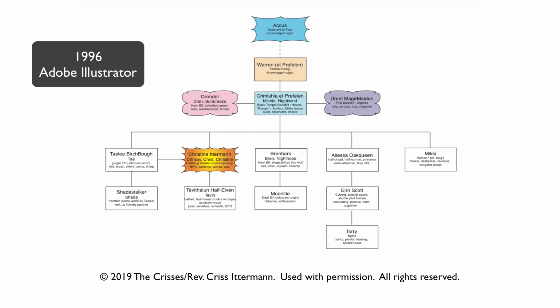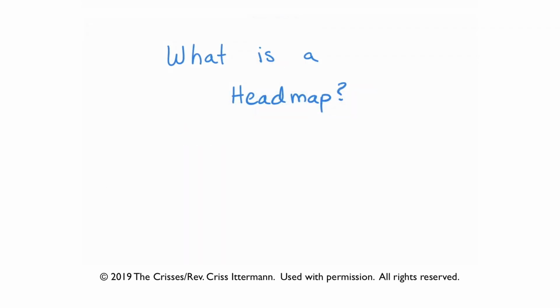So we eventually moved to computerized maps with components that could be moved around easily. So it was easier to rearrange or to take an older one and update it, add new people, or move things around as needed. And there's diagramming software that helps with that, so we can talk about that later.